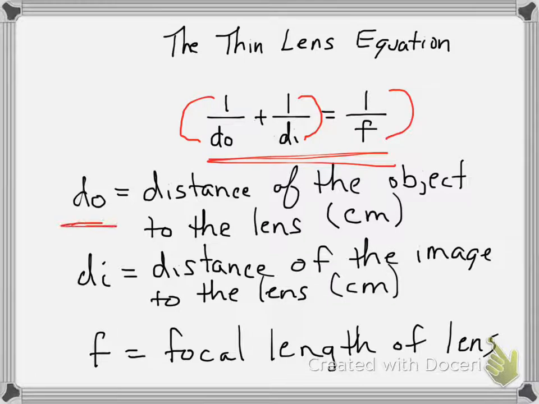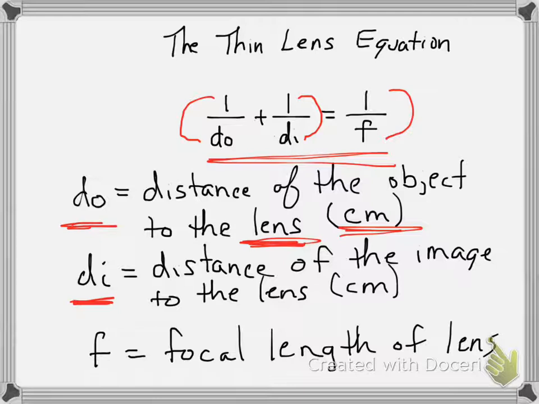So I've just defined that down here. So again, this is the distance of the object to the lens. Again, that's the center of the lens, usually measured in centimeters. Then we have the distance of the image. So again, the subscript is representing image.